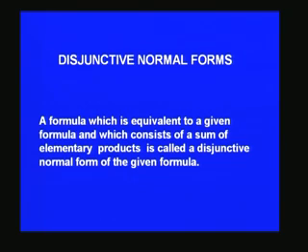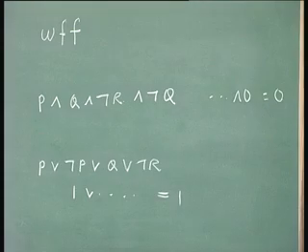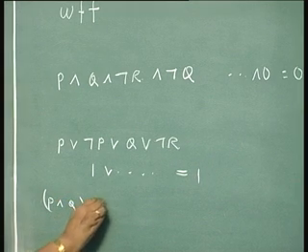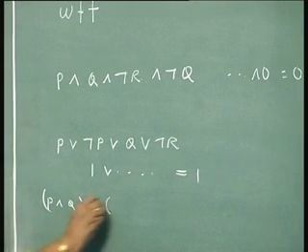First let us take disjunctive normal forms. A well formed formula which is equivalent to a given formula and which contains a sum of elementary products is called a disjunctive normal form of the given formula. So, it should be the sum of elementary products.